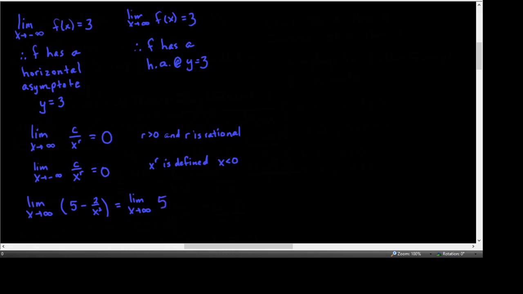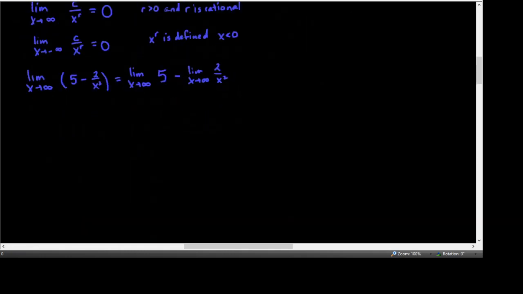So take the limit of 5 minus the limit of that rational expression, 2 over x squared. And of course, the limit of a constant is still that constant, minus, and this 2 is a constant over a rational power of x that's positive. The power is positive 2. And so that will, according to the theorem that we just mentioned, head towards 0. 5 minus 0, of course, is 5.